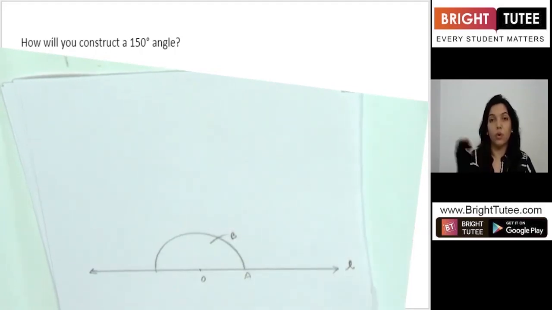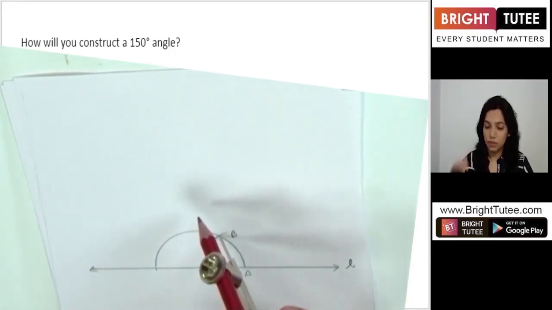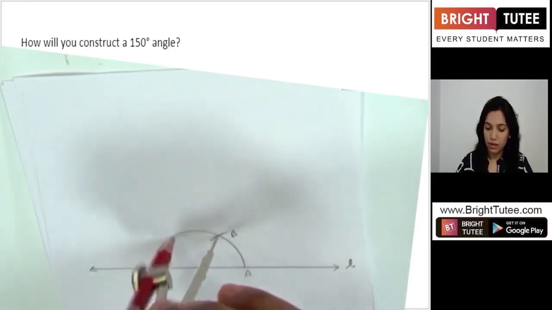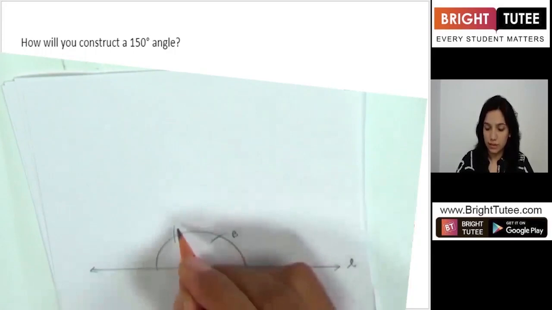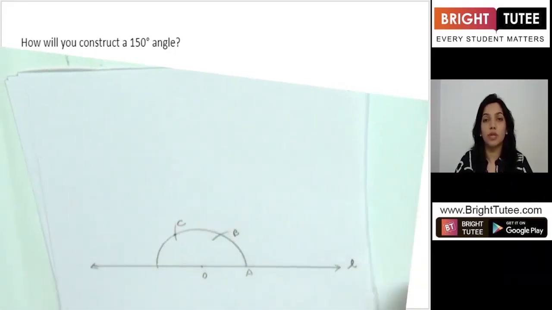So if you join O to B, you will get a 60 degrees angle. Further, go ahead, keep the pointer at B, don't disturb the compass and make another arc here. Let's say this meets at point C. Now this particular point C, if you join it to O, you will get an angle of 120 degrees measure, right?